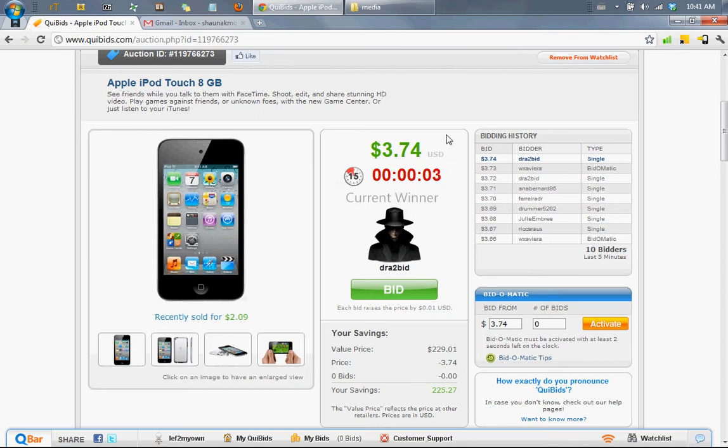A lot of people will tell you, oh, I just won an iPod Touch for $3.75, but they're not telling you how many bids they placed in order to get it at that price. Oftentimes they've bid 100 times, 150 times, 200 times. If it's 100 bids, that would be $60. If it's 200 bids, that would be $120.